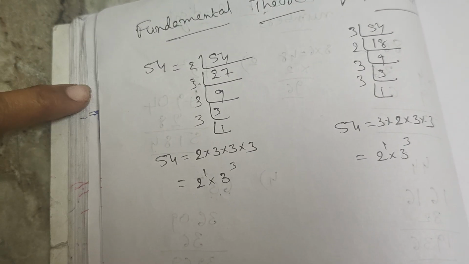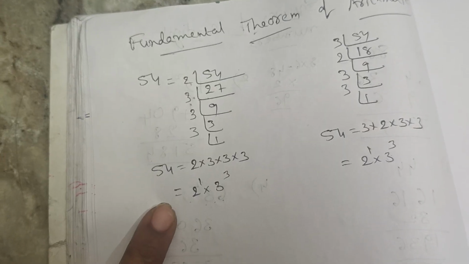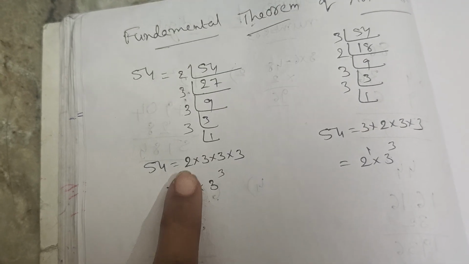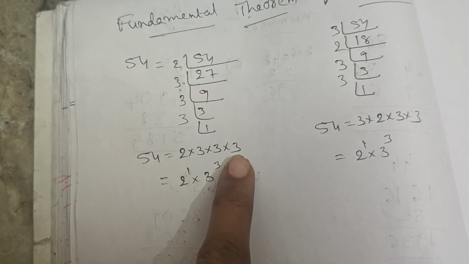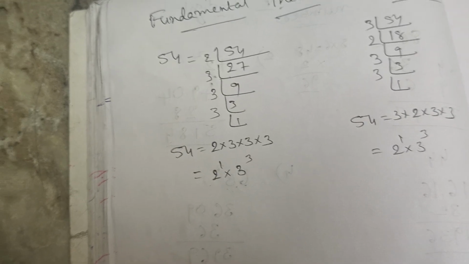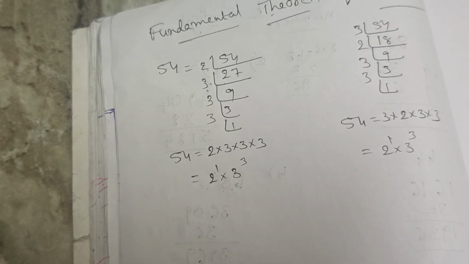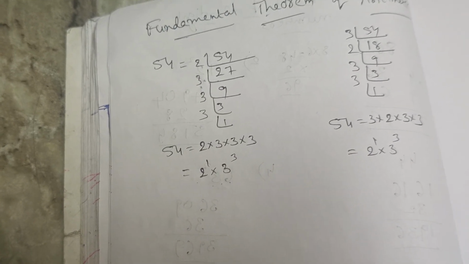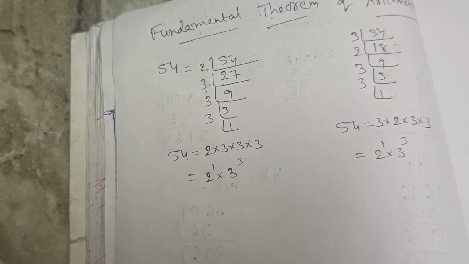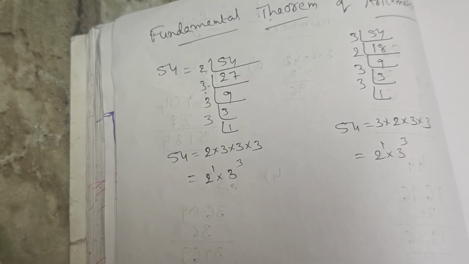So here 54 is expressed as a product of primes. Is it right? How many primes are there here? 2 is a prime, 3 is a prime, 3 is a prime, 3 is a prime. So it is expressed as a product of 2 or more prime numbers. When any number is expressed as a product of 2 or more prime numbers, then it is a composite number.